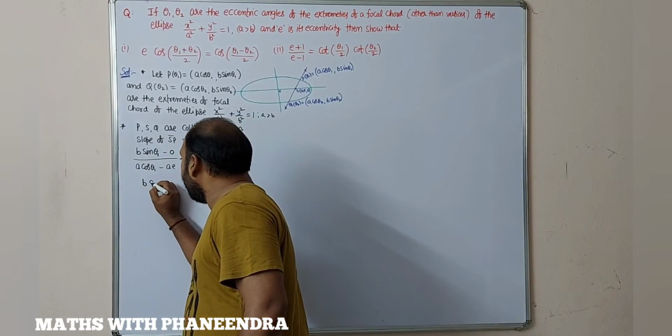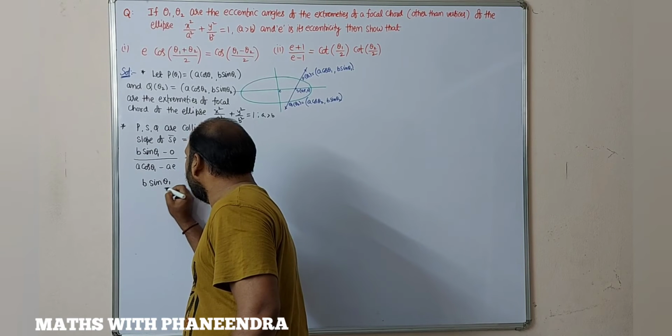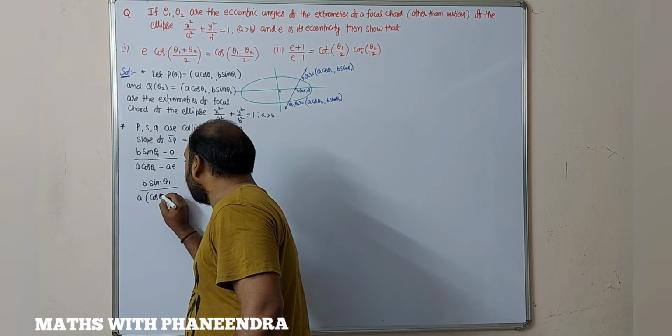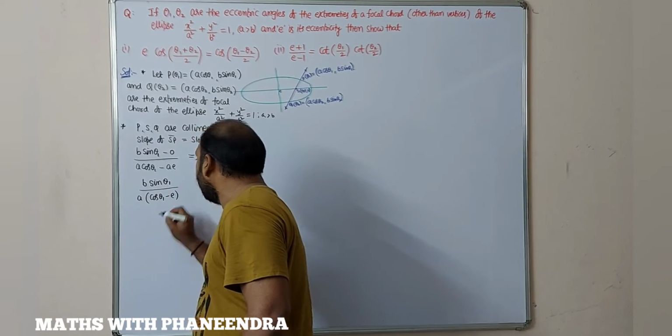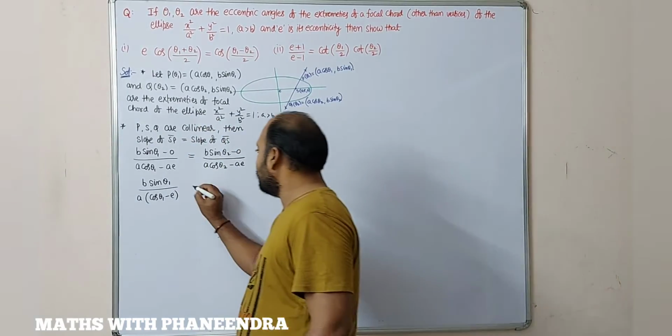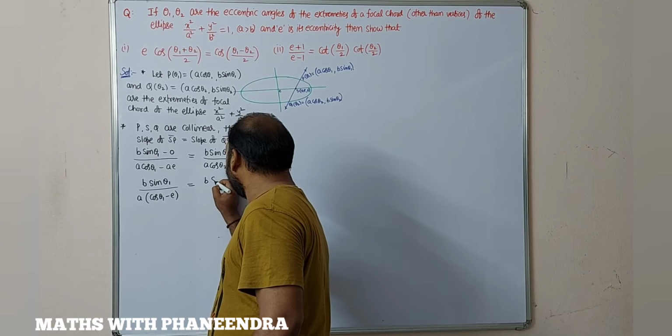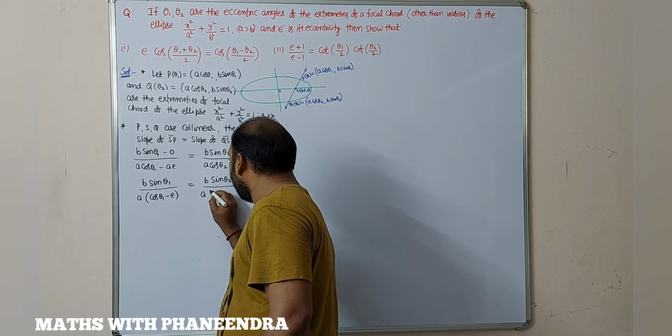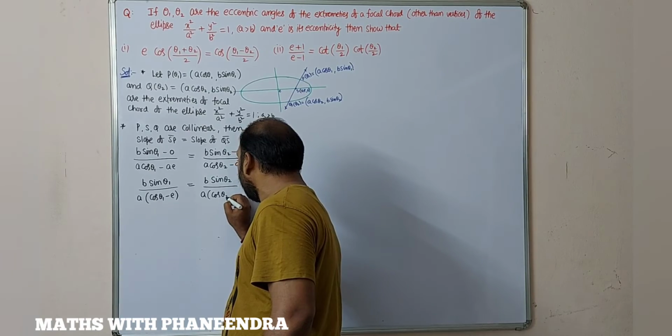So B sin theta 1 divided by A take common, cos theta 1 minus E, which is equal to B sin theta 2 divided by A take common, cos theta 2 minus E.